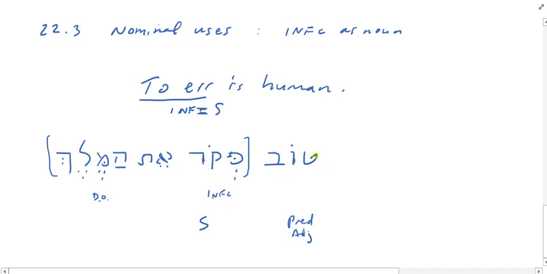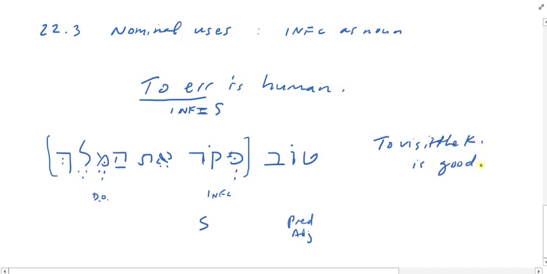And in Hebrew, I've put my predicate adjective first. I could translate it in the same order. Good is the act of visiting the king, or good is to visit the king, which is a little bit less normal for English. So to visit the king is good.